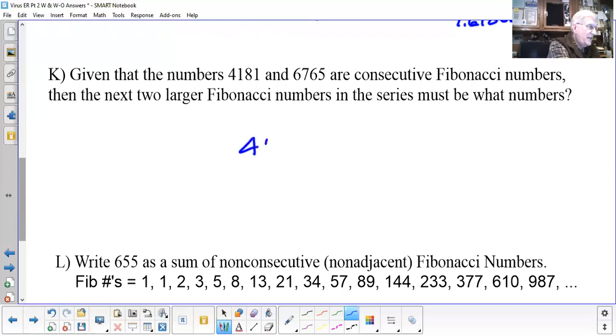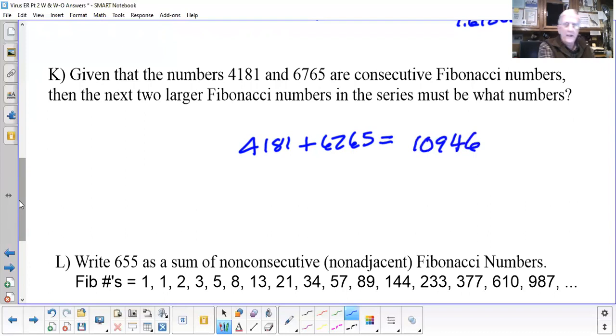So I need to take 4181, add to it 6765, and come up with that answer. So if I take 4181 and add to it 6765, I obtain the next Fibonacci number, 10,946. Well, if I want the next Fibonacci number after that, I simply take what?